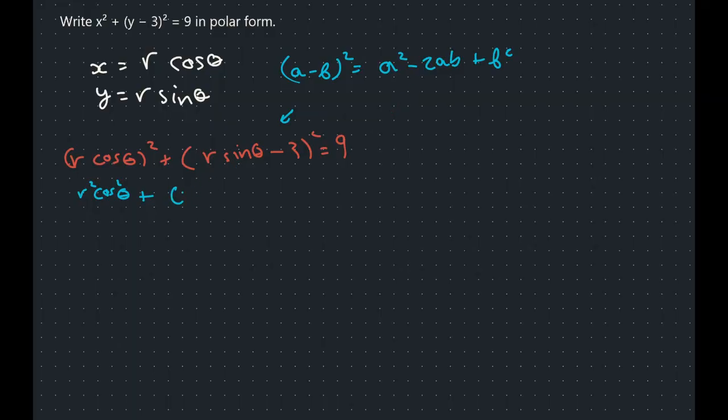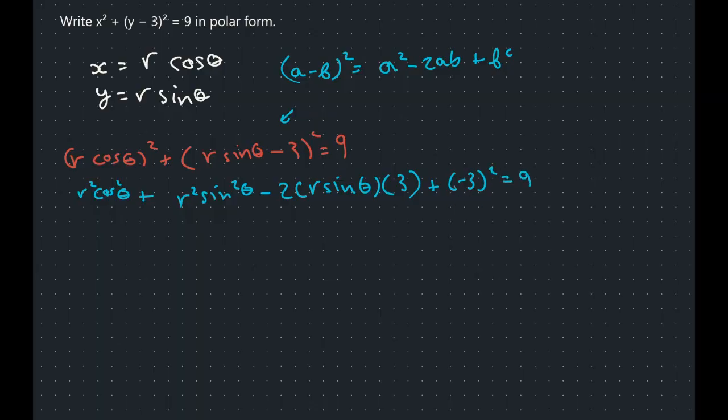We will have r sine theta all squared, which is the same as r squared sine squared theta minus 2 times r sine theta times 3, which is b, plus negative 3 squared, and this is equal to 9.